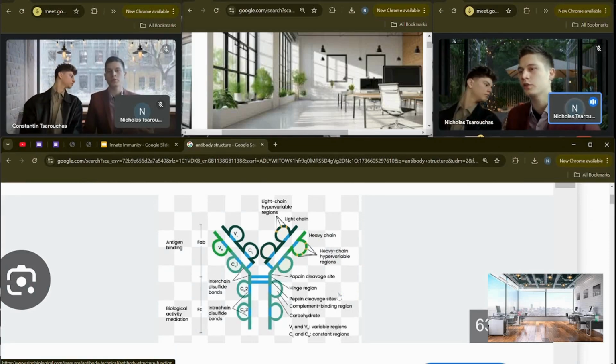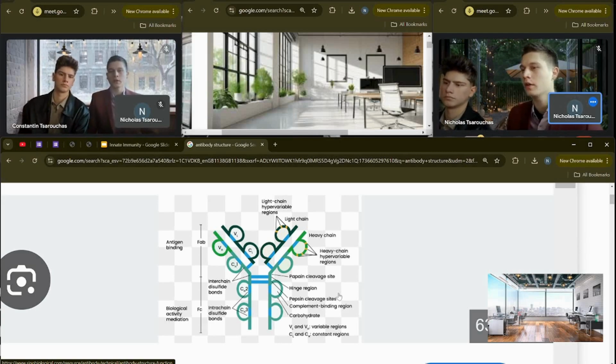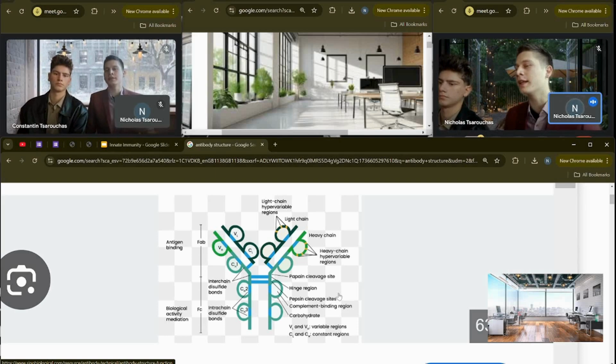You have two heavy chains and two light chains, and these are held with disulfide bridges. And there are also two disulfide bridges between the two heavy chains holding them together. So the antibody will then have an antigen binding region, a Fab, fragment antigen binding, and it'll also have a constant region, FC.